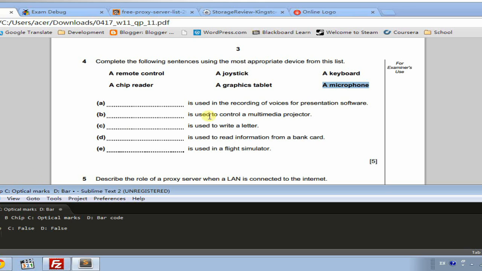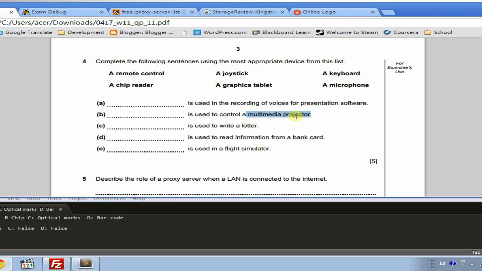B is used to control a multimedia projector. So again, what's a multimedia projector? For presenting projects, you might have seen it, it pushes the light onto a wall or a pull-down screen. How do we control this?